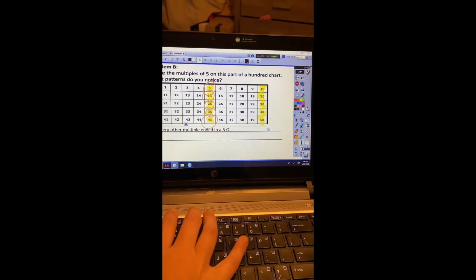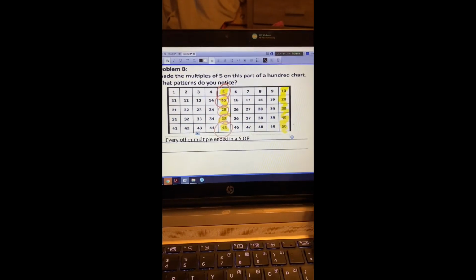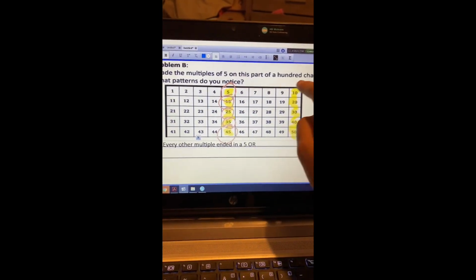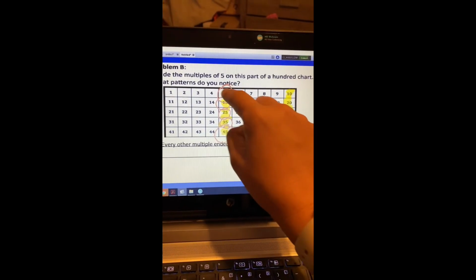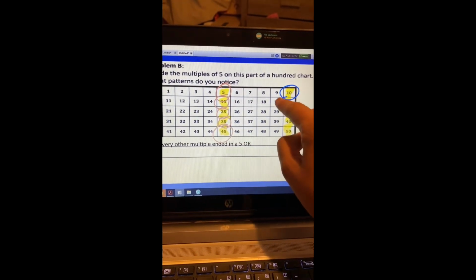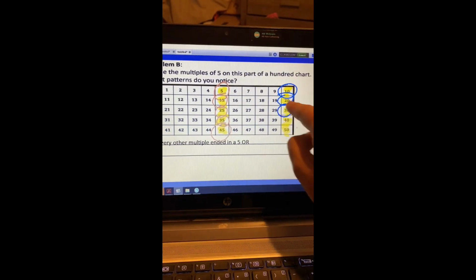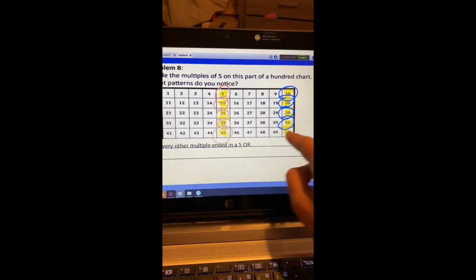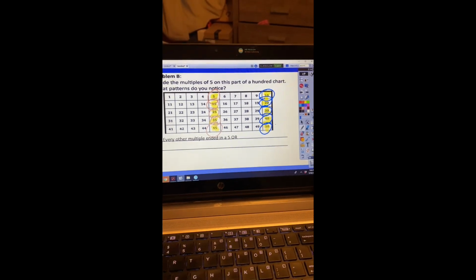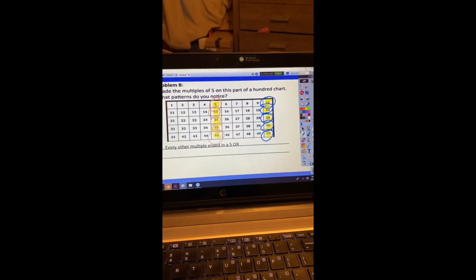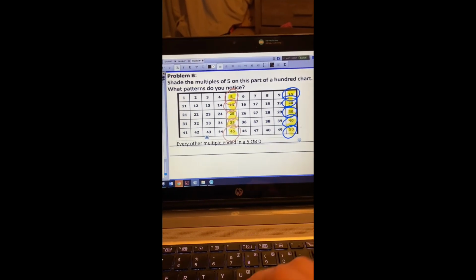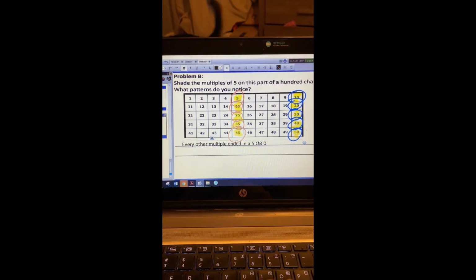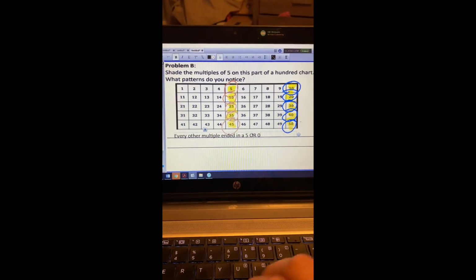Or what if I didn't start off with the 5s? What if I said not this one, but that one? Every other, it ended in a 5 or a 0. So what I noticed is that with the multiples of 5, every other multiple ends in a 5 or a 0.